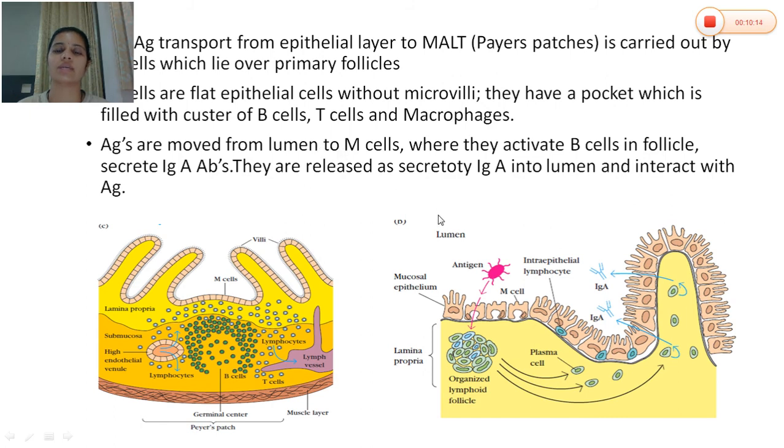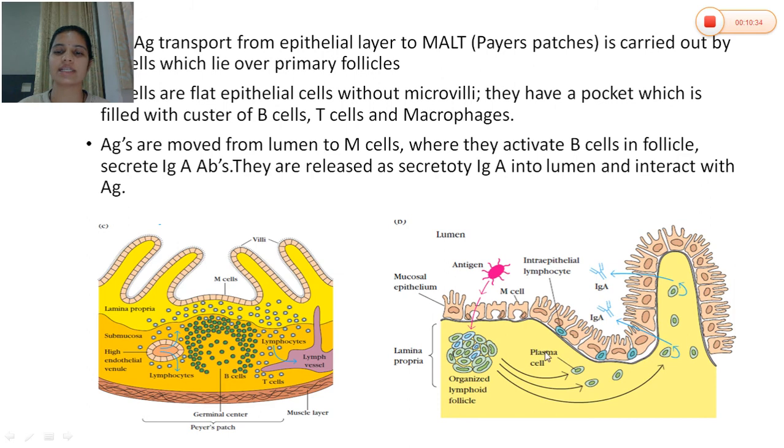it first gets into the lumen. From here is the antigen. This antigen gets into the organ with the help of the M cells. Once the antigens pass through the M cells, they activate B cells which are present in the primary follicle.